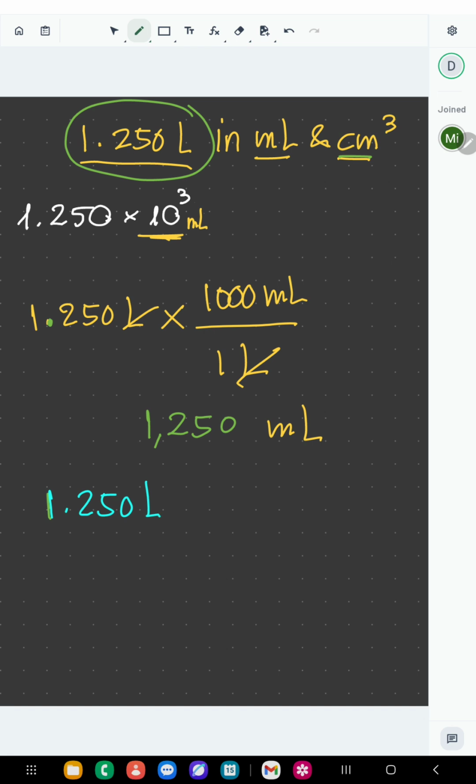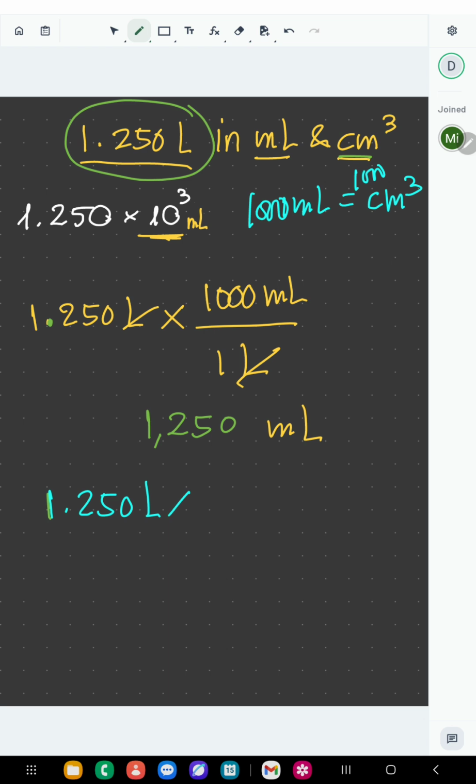And then how many cubic centimeters does 1 liter have? 1000 milliliter is equal to 1000 cubic centimeters, right?